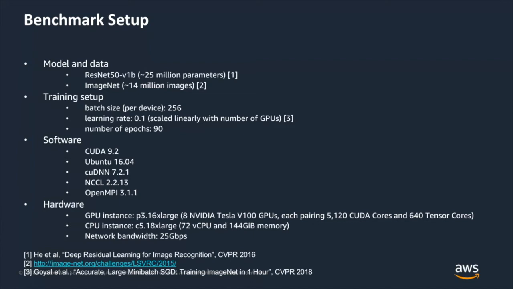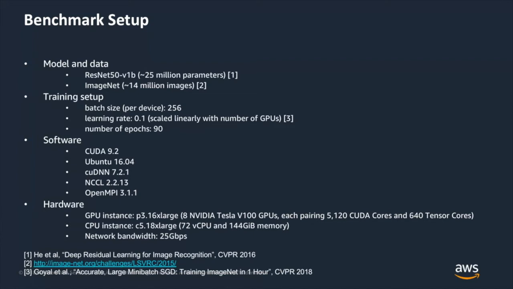The software we use is CUDA 9.2. We are running on Ubuntu 16.04 with cuDNN 7.2.1, NCCL 2.2 and OpenMPI. And the hardware we use is on AWS Cloud. For the GPU instances, we are running on P3.16xlarge instances, which feature 8 NVIDIA Tesla V100 GPUs, each with 5,120 CUDA cores and 640 Tensor cores.